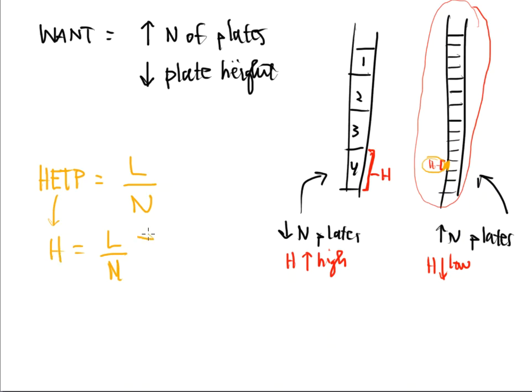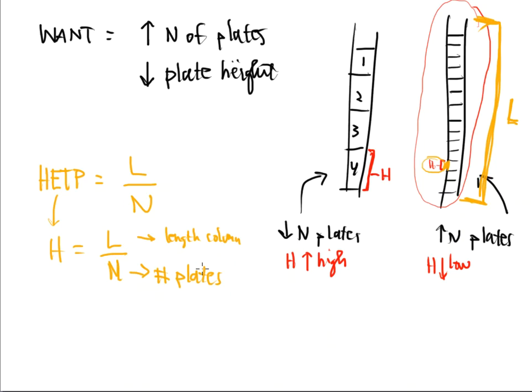The L is the length of the column. So the column length from the top all the way down to the bottom, this is my abbreviation or the value that I would use for L, length of the column. And N is the number of plates that are inside of that column.